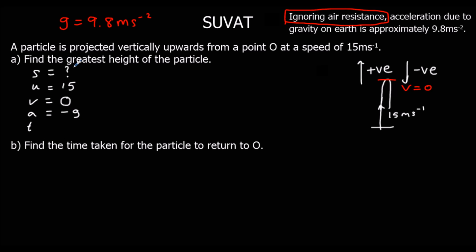So here's our information. We need our SUVAT equation without t in it. Which equation is that? That is v squared equals u squared plus 2as.